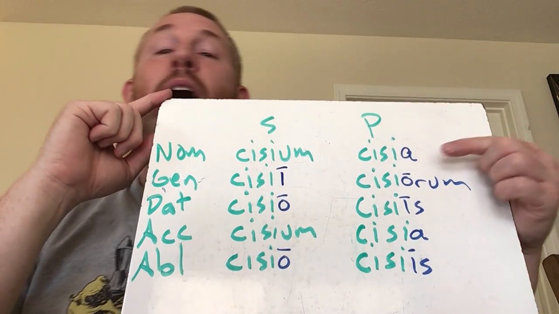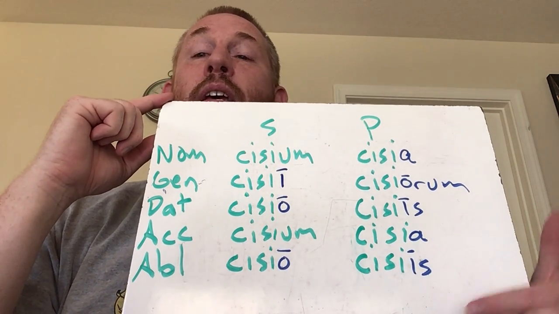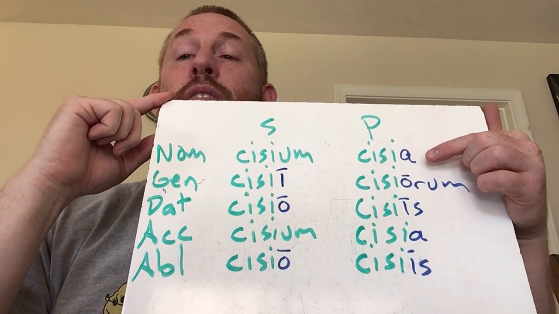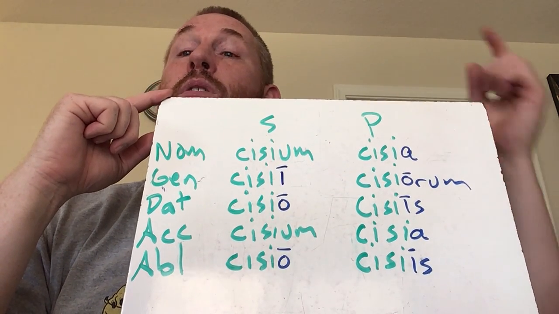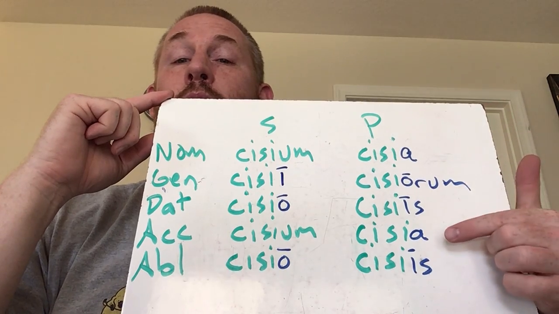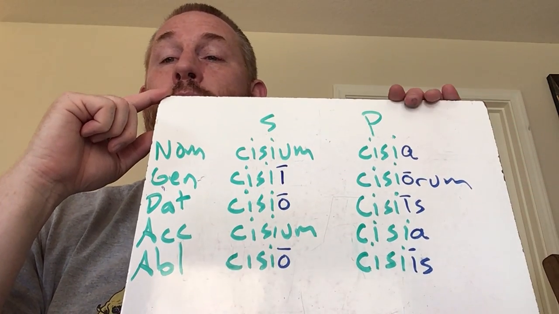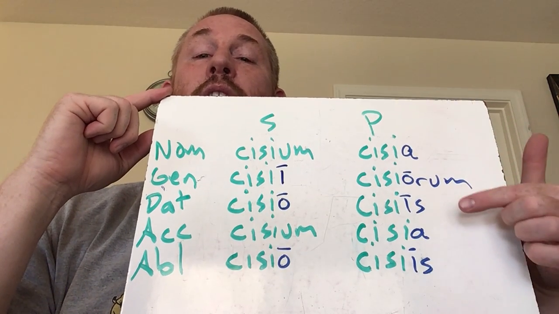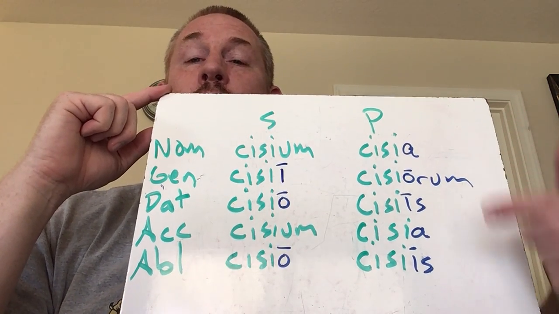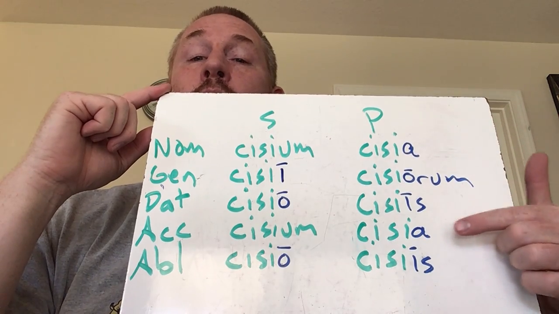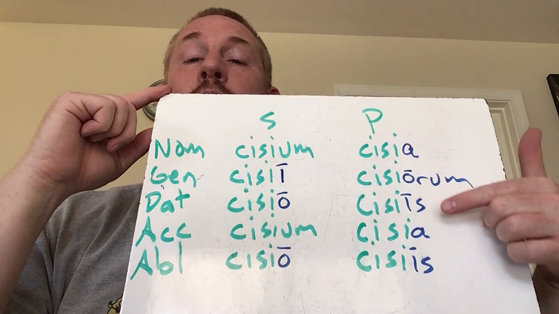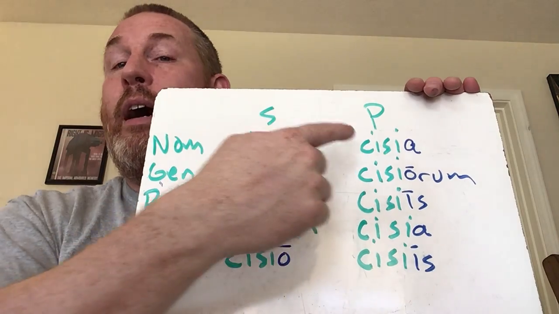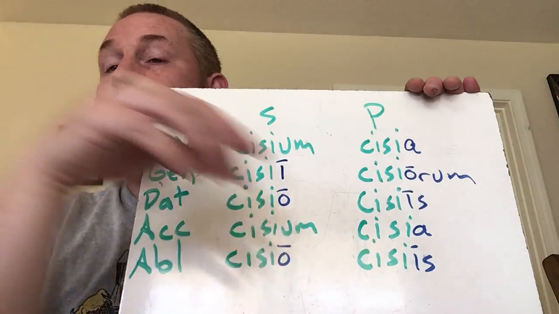And then the plural, aorum is, aeis. Second neuter plurals. Now your turn.